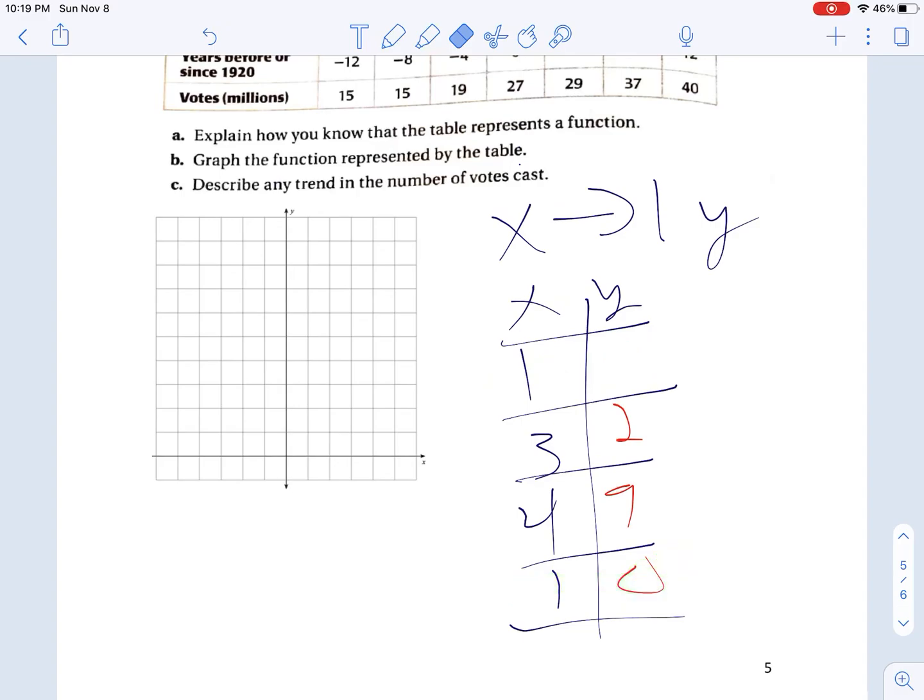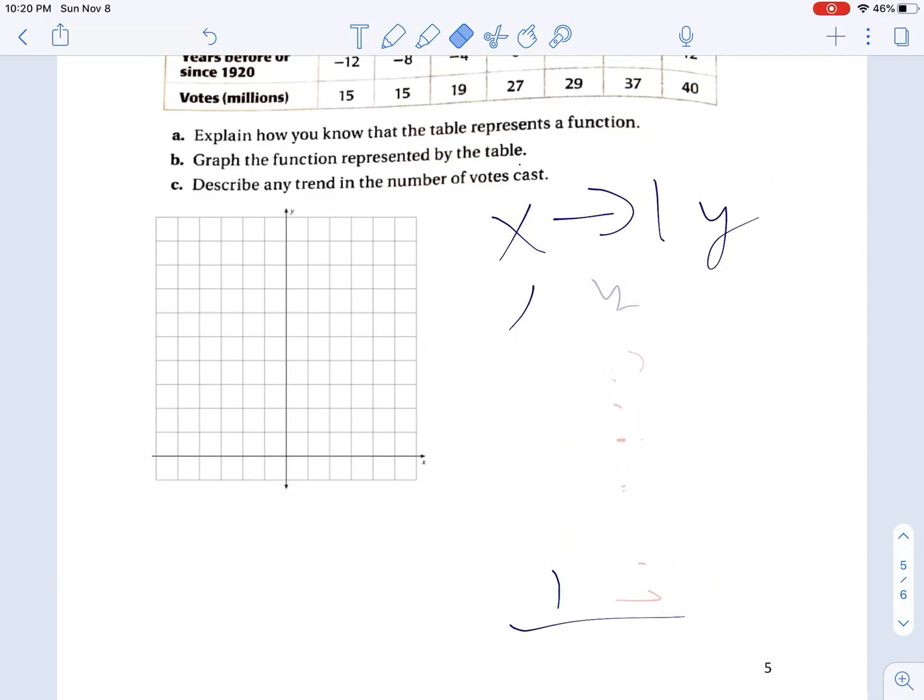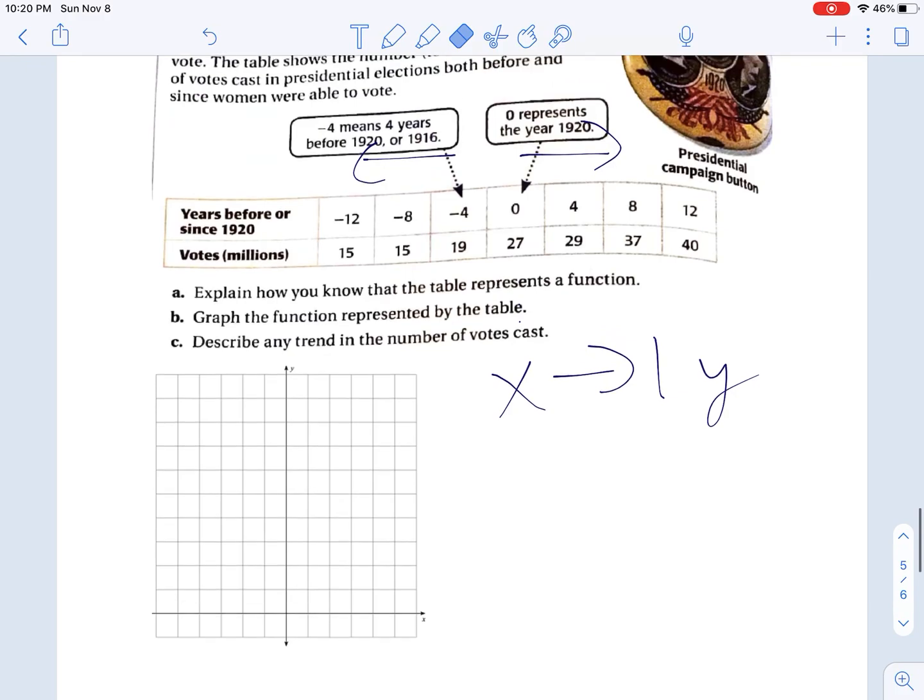When this happens, it's no longer a function because your X value of 1 is giving you 2 different Y outputs. So not every X value has a distinct Y value, and this would not be a function. So there's a quick review on what it means to be a function. So how do I know this is a function? Every year has its distinct Y value.